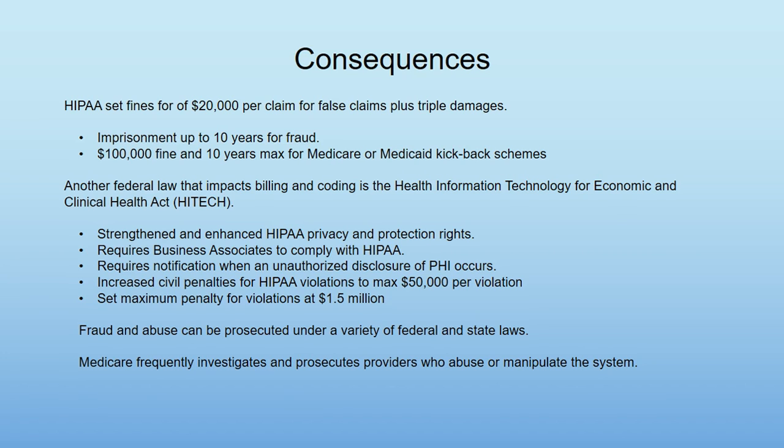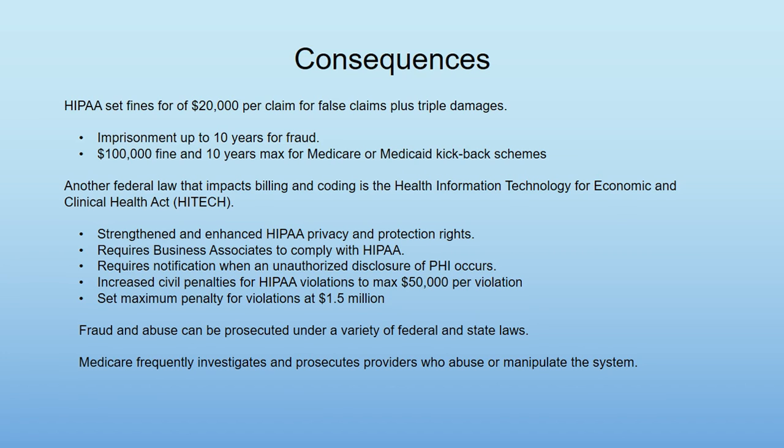It was called HITECH, the Health Information Technology for Economic and Clinical Health Act, which is quite a mouthful. But it added to HIPAA some of the privacy and protection rights. It strengthened and enhanced those. It requires business associates to comply with HIPAA. Those are the people that support and do business with a provider.